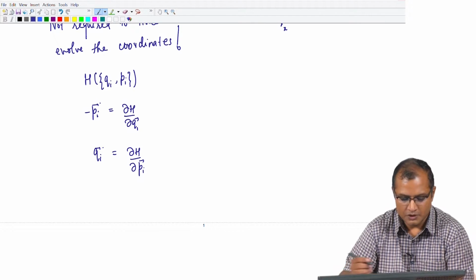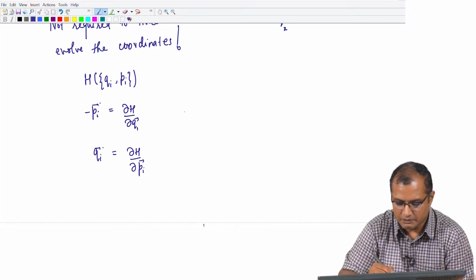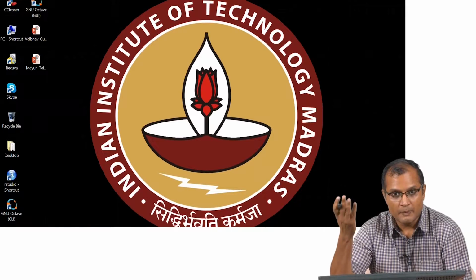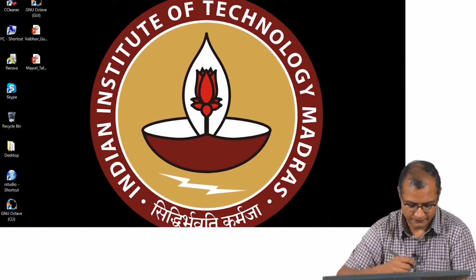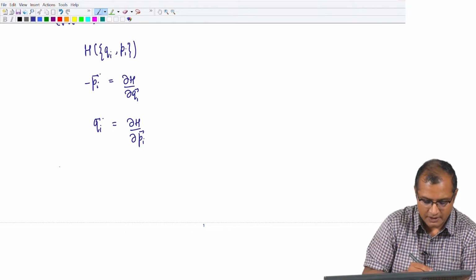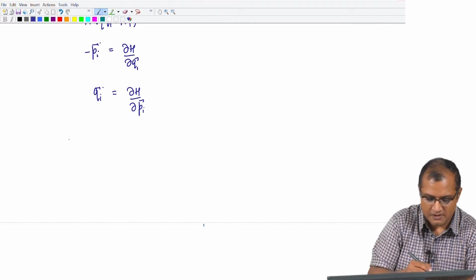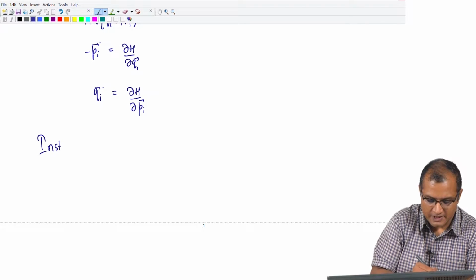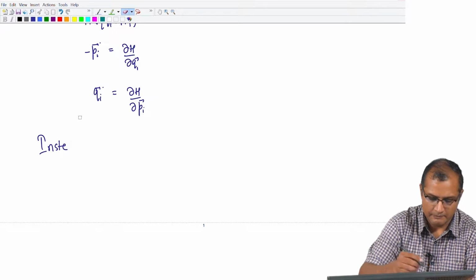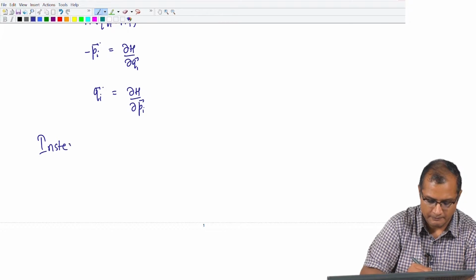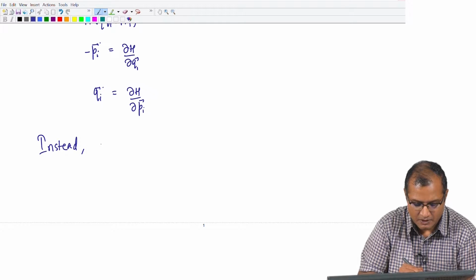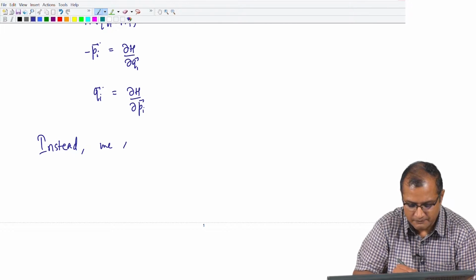In statistical mechanics you do not do a time evolution of your coordinates exactly. What you do in any equilibrium system is study the distribution functions.